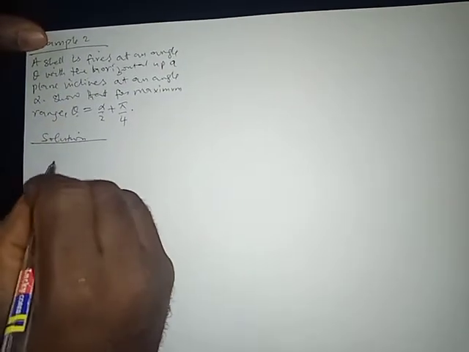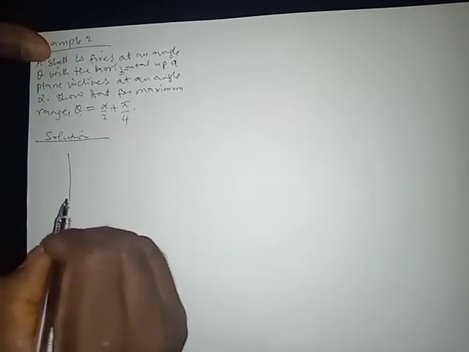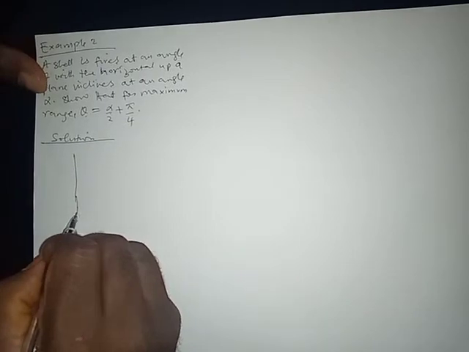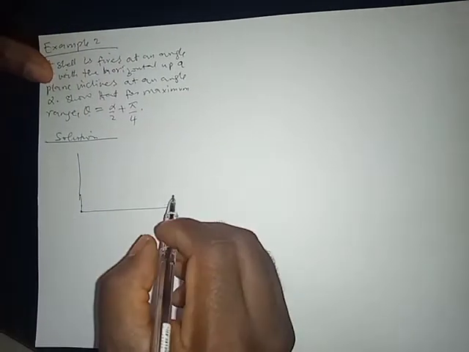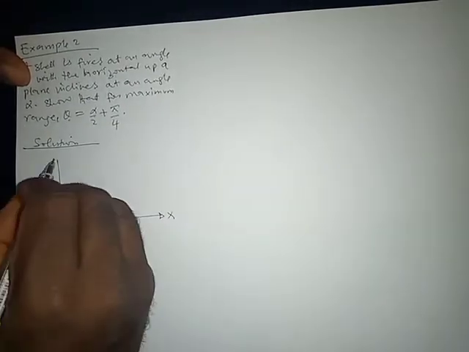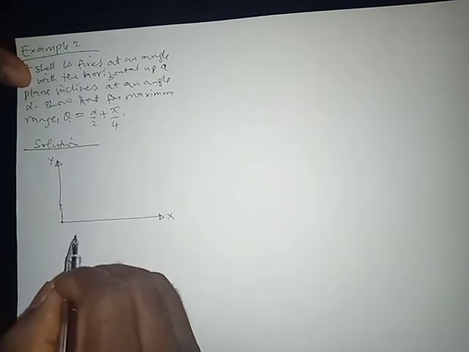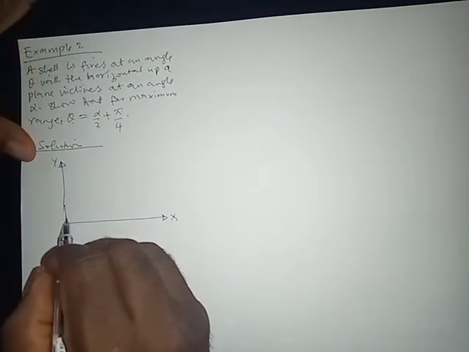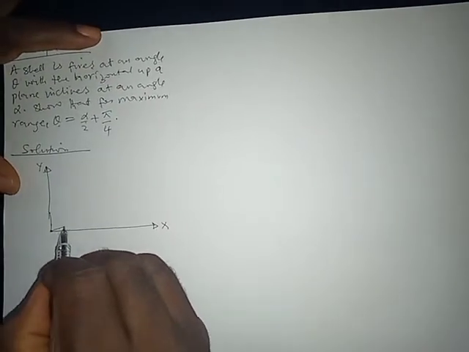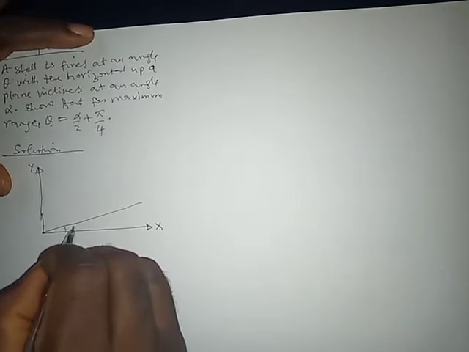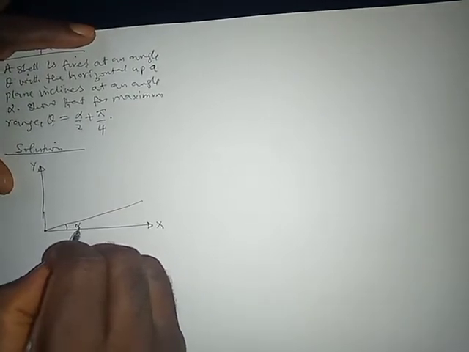Let's first use two Cartesian coordinates to explain the question. Here is the x-axis, here is the y-axis. The plane from which the projectile is fired is inclined to the horizontal at an angle alpha.